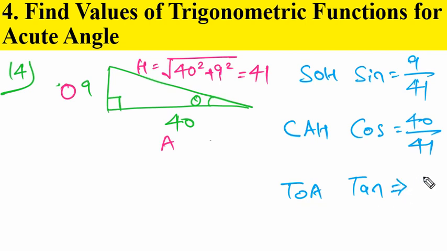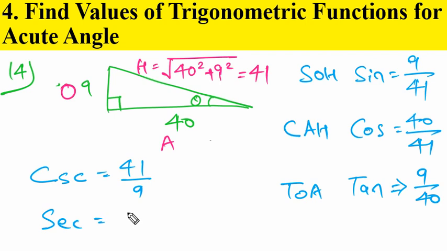So opposite is 9 and adjacent is 40. What about cosecant? Now cosecant is 41 over 9. Secant is 41 over 40. And cotangent or cot is 40 over 9. That's how you will find the values of trigonometric functions.